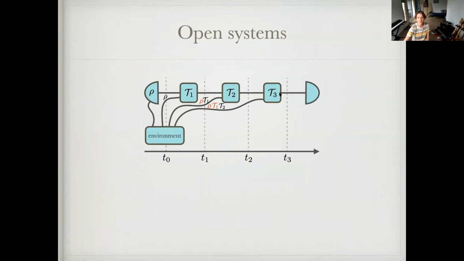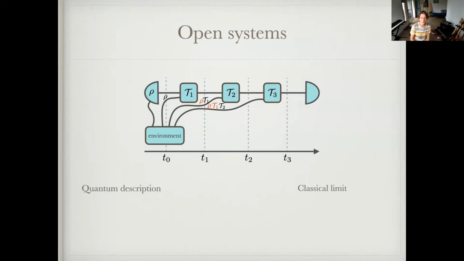The environment is affecting all the transformations, and you might also have that the way the environment is affecting these transformations depends on something that happened before. Here it would depend on the correlations with the state. And over here, it would depend on what happened before, on the correlations in the environment with T1, but also what happened in the previous step, and so on. So the way the environment can affect this transformation would be conditional on what it got from here and from here and from here.